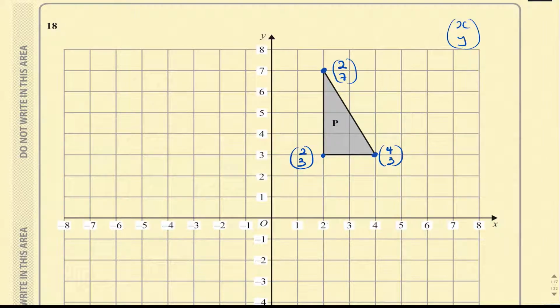Now we're going to use those vertices to find a new point. So the first thing we do is we take away the center of enlargement. In this case, it's (0, 0). So we do (2, 7) minus (0, 0), and that'll be equal to (2, 7) still. And then we times it by -1/2, the scale factor.